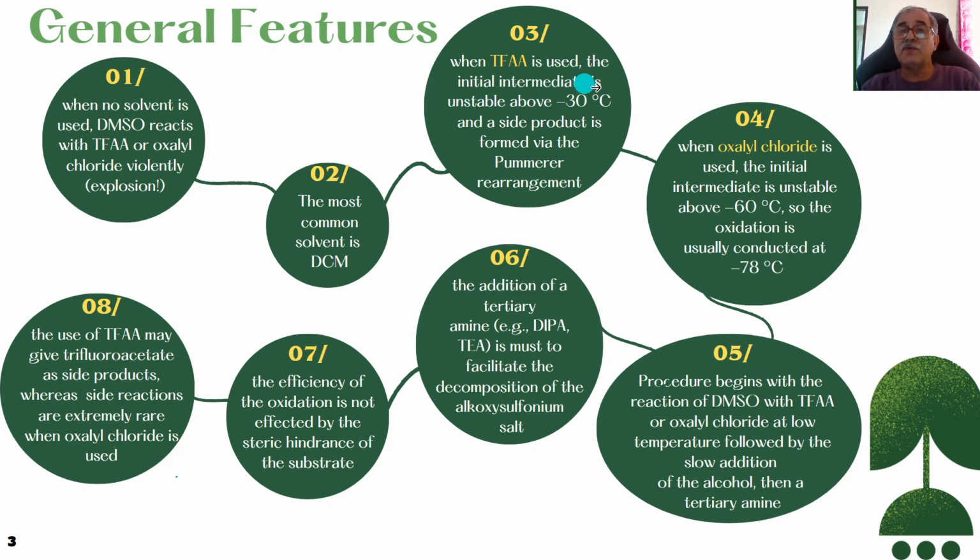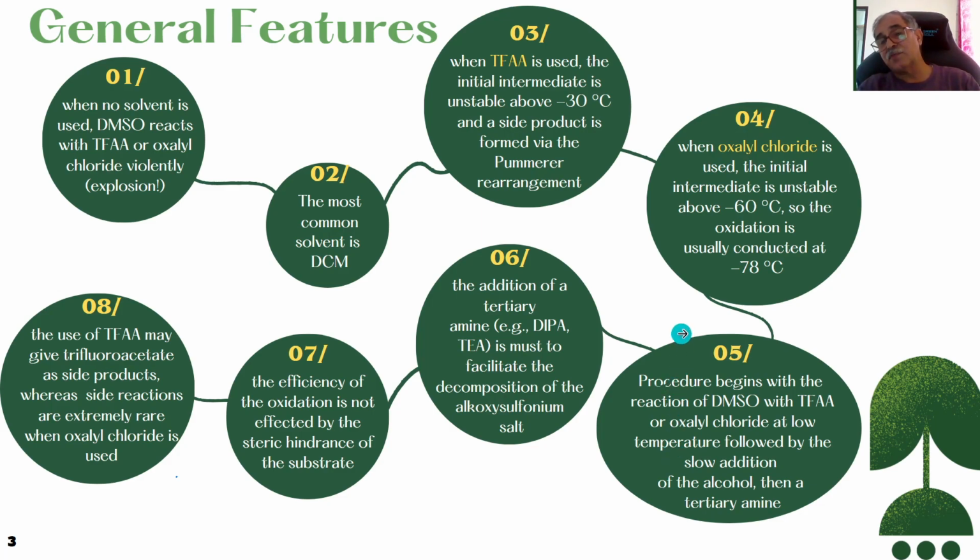Similarly, if instead of TFAA we use oxalyl chloride, then the initial intermediate is unstable above minus 60 degrees centigrade. That is why most of the oxidation process is conducted at minus 78 degrees centigrade when we are using oxalyl chloride as one of the reagents.